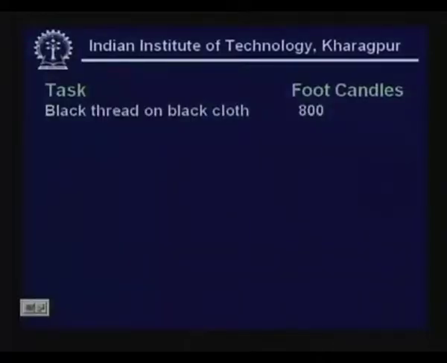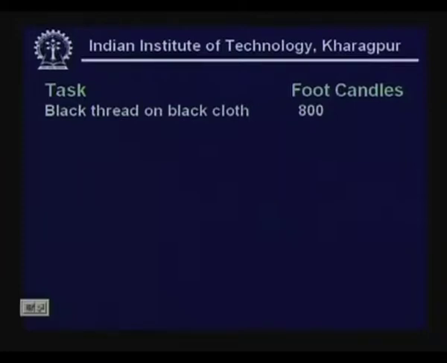So, we can look at some of the recommended illumination levels based on the experience, keeping these visual conditions or factors responsible for visual acuity. You see the recommended foot candles for various operations. Now, this is a very critical task which has been listed here.